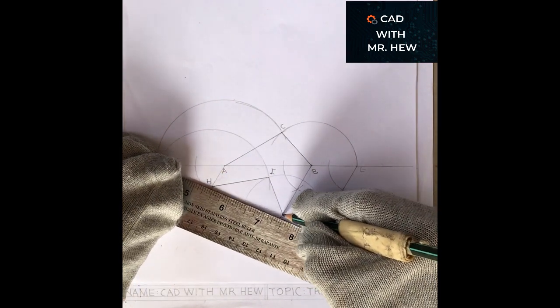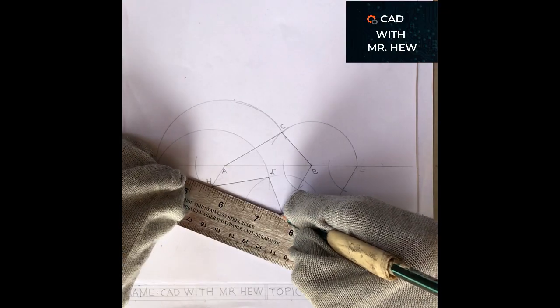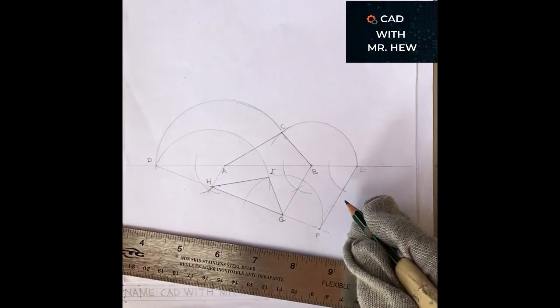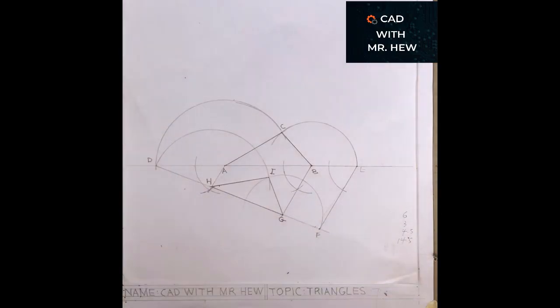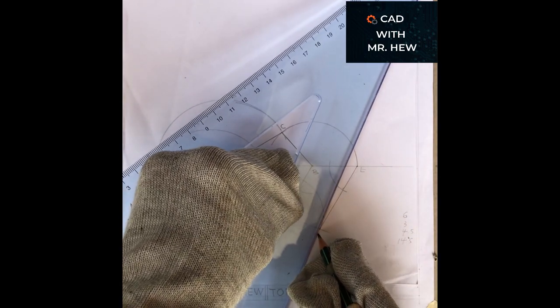Then we're going to join G to H, and this would be the similar triangle to the given triangle ABC, but with a different perimeter.